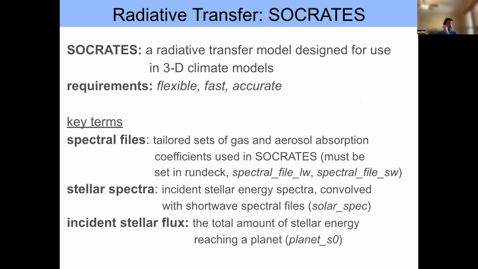Socrates, as I've said, is a radiative transfer model designed for use in 3D climate models. And that's an important distinction, because the best radiative transfer models, so-called line-by-line models, are way too slow and way too computationally expensive to run with a 3D climate model, where if you are using your nominal 4x5 degree resolution grid, that's over 3,000 different grid boxes, and you're doing a radiative calculation in every one of those grid boxes.